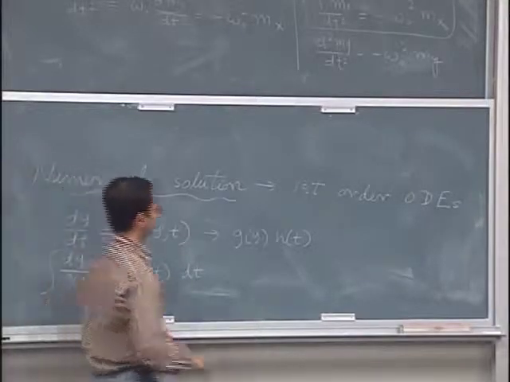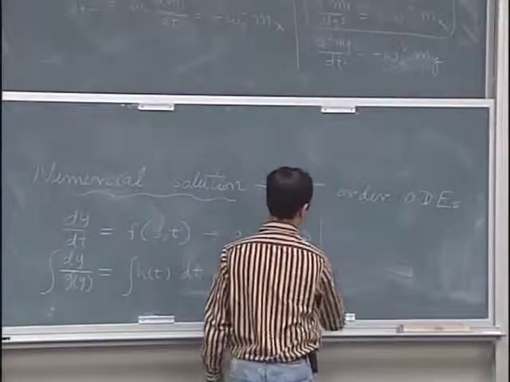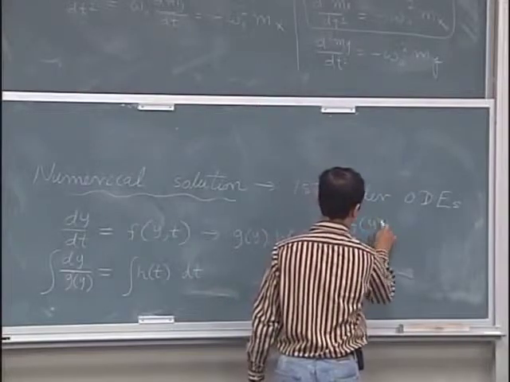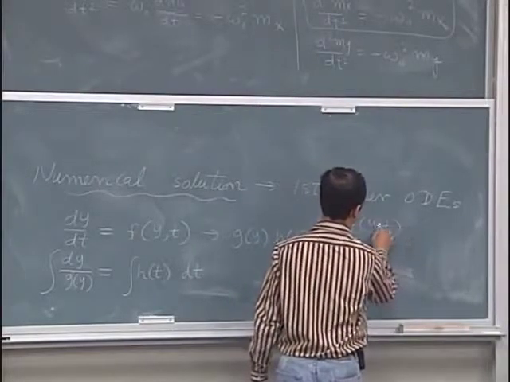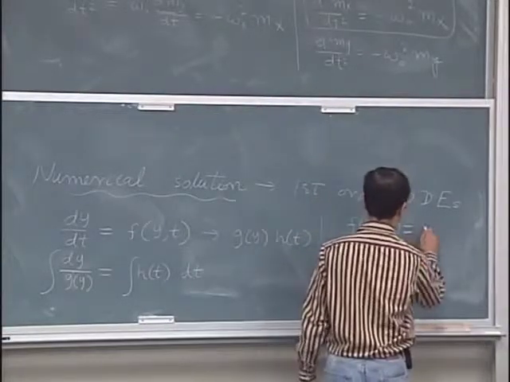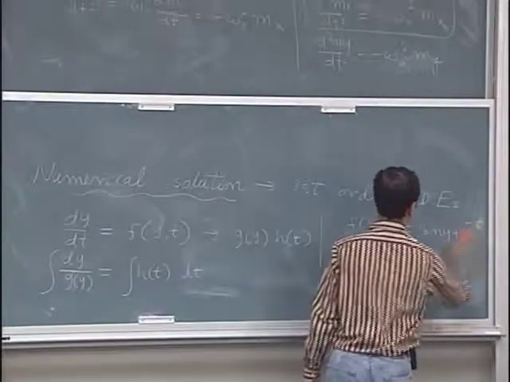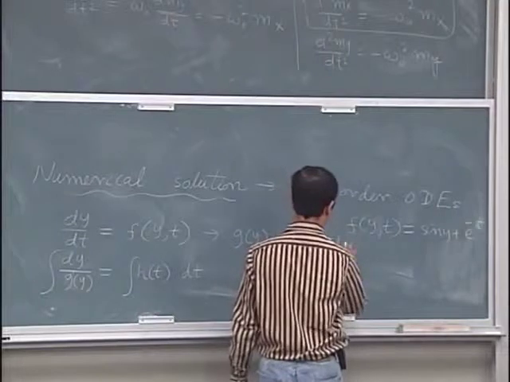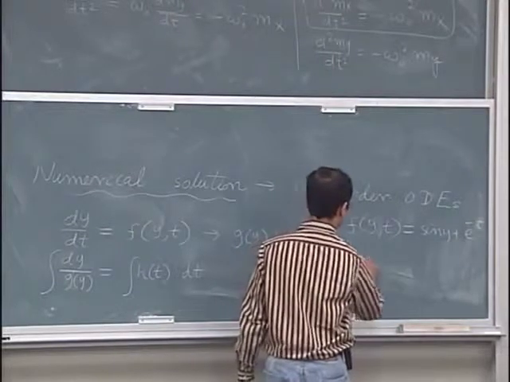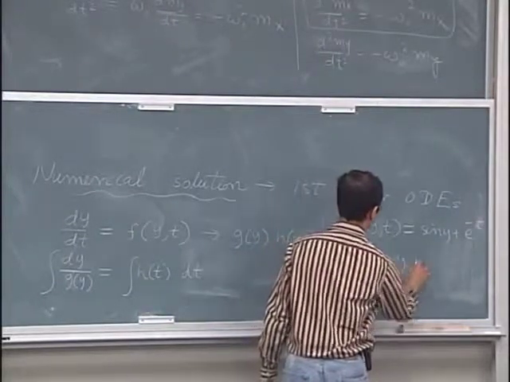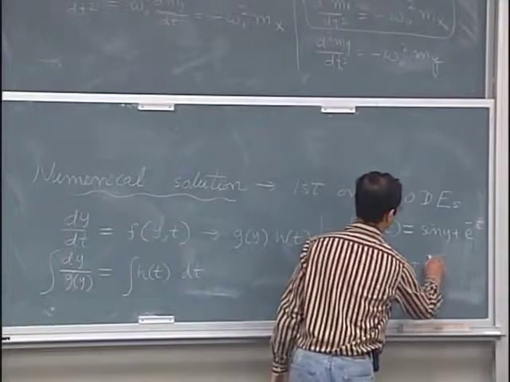But suppose your form is not that simple. Suppose you have f(y, t) equals something more complicated, say sine y plus e to the power minus t. Then dy/dt equals sine y plus e to the power minus t.